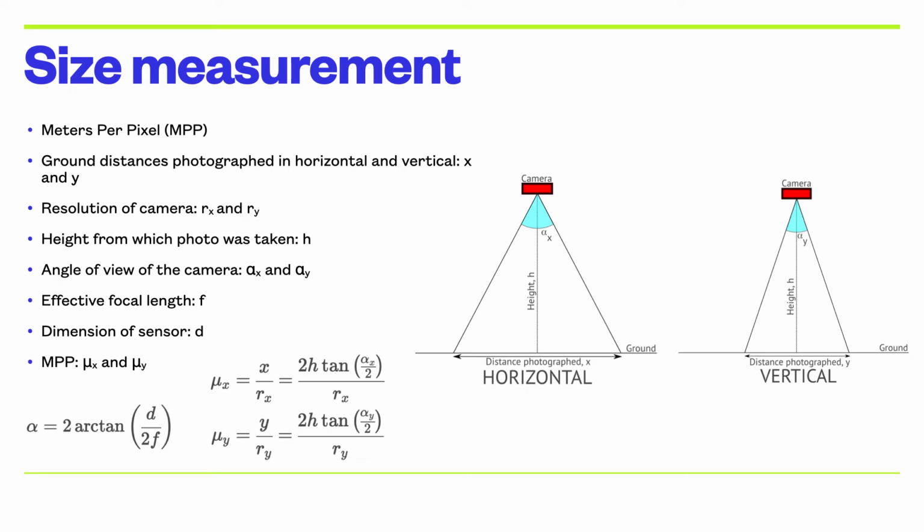With all these parameters, we get to know the meters per pixel, MPP. So when we have this value, we can calculate any distance on the map based on how many pixels it is, and then we have the body length or any measurements you want.